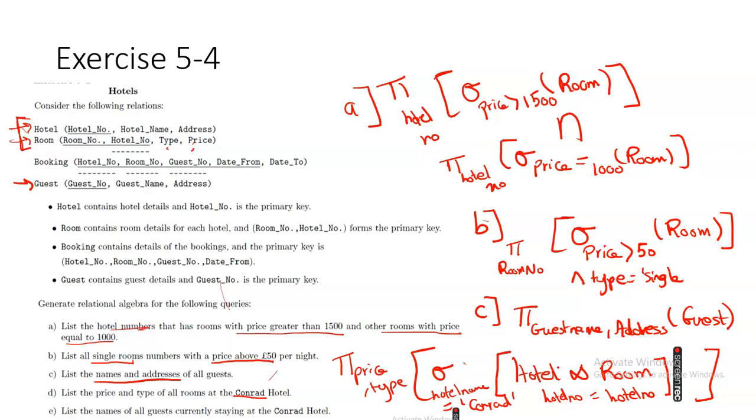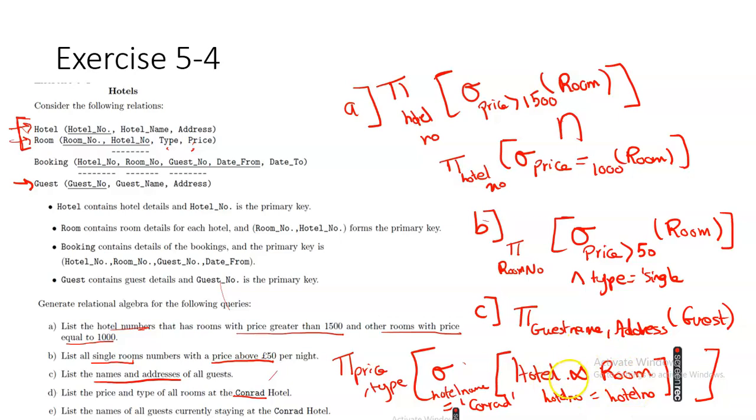We want to get the relevant data only, and that's why we select only the rows where the hotel number equals the hotel number, as we did in the student and the course enrolled. We want to get the tuple where a certain student is enrolled in a certain course. That's why we should select after a product where the student ID here is equal to the student ID here. It's the same as what we did here.